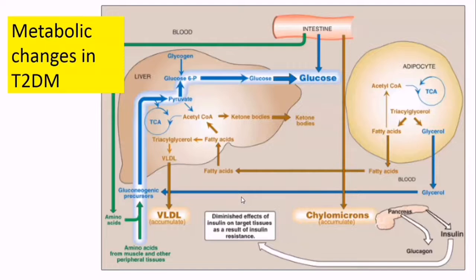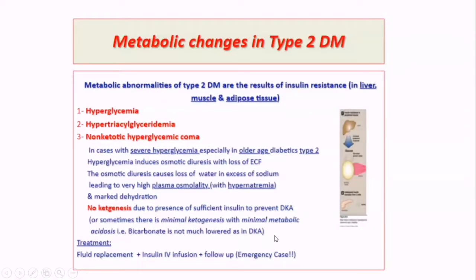There is a diminished effect of insulin on target tissues as a result of insulin resistance, which also leads to chylomicronemia or hypertriglyceridemia. So hyperglycemia, hypertriglyceridemia and non-ketotic hyperglycemia are seen as metabolic changes in type 2 diabetes.